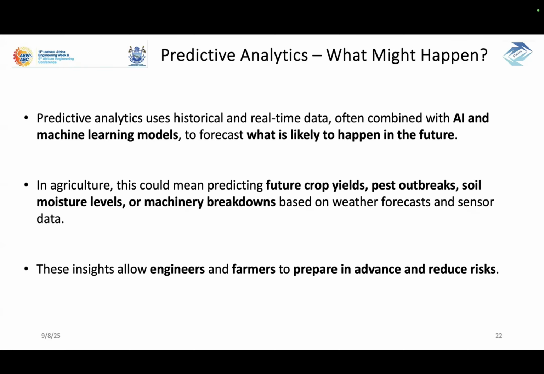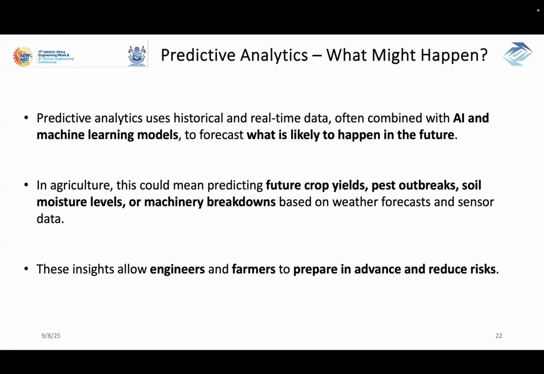That will help you prepare in advance. So farmers can prepare and reduce their risk. That's what predictive analytics does. It helps with predicting the future.